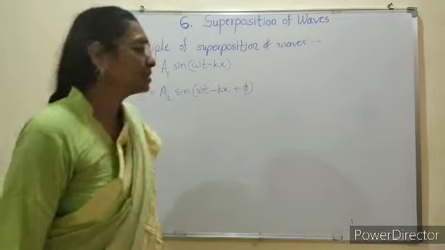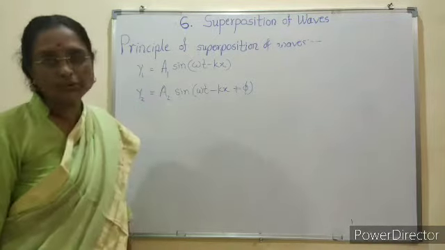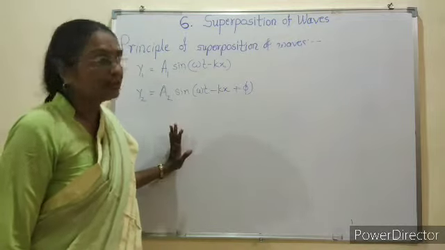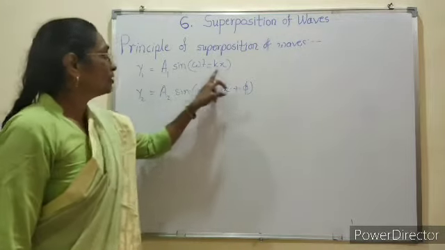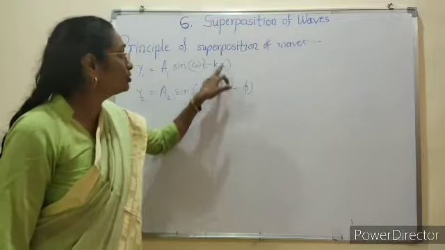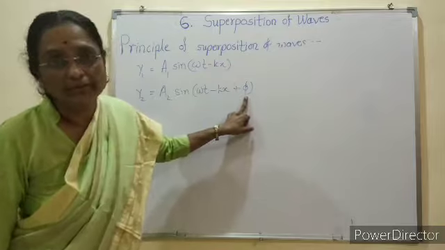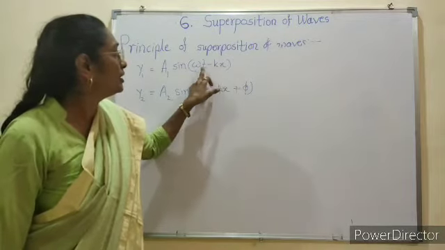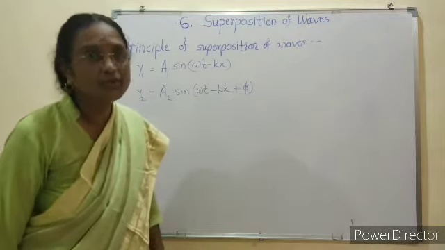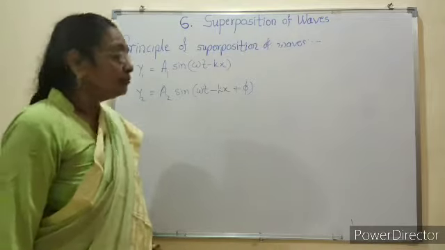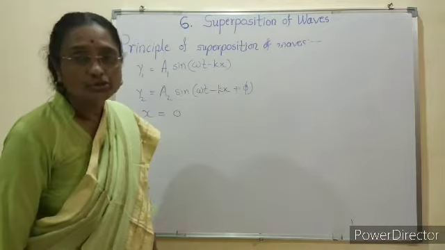From these two expressions, we note that the amplitudes of the two waves are different. The angular frequency omega is the same. The direction of propagation is the same, along the x direction. And the phase difference between them is phi: omega t minus kx, and omega t minus kx plus phi. But we consider here the effect at x equal to 0.